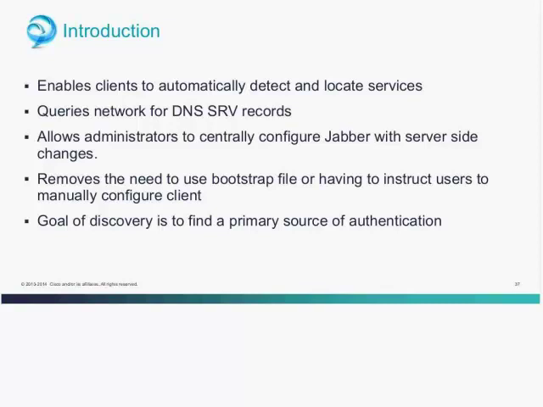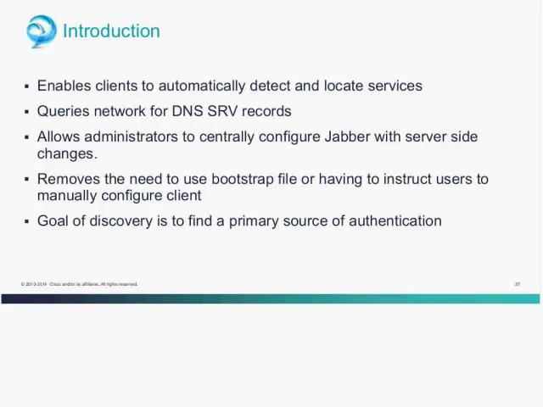This removes the need for administrators to configure each client PC, and the Jabber implementation would require only server-side changes. It also removes the use of bootstrapped files to instruct users to manually configure them.